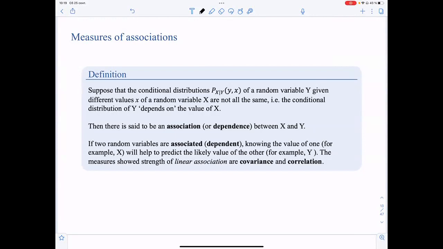And what we'd like to do is measure the association between these two random variables. That could be done with metrics called covariance and correlation. We start with the covariance metric.